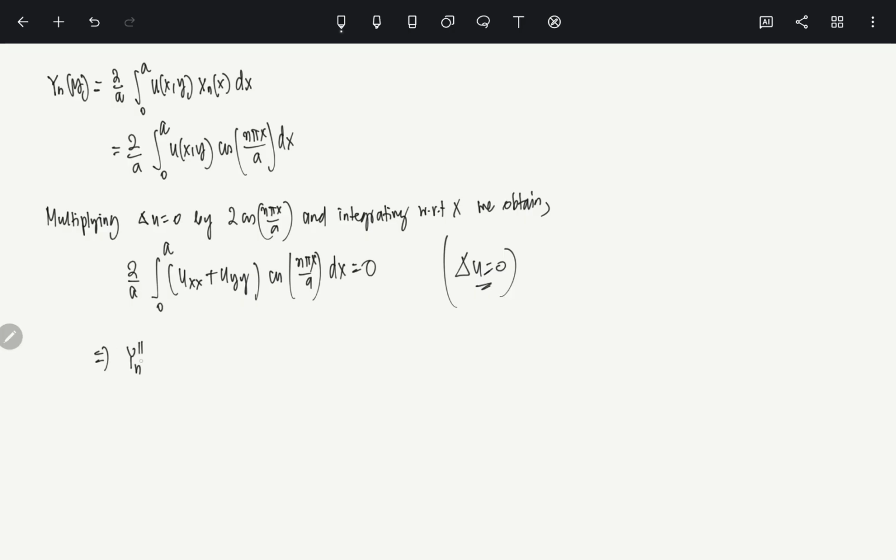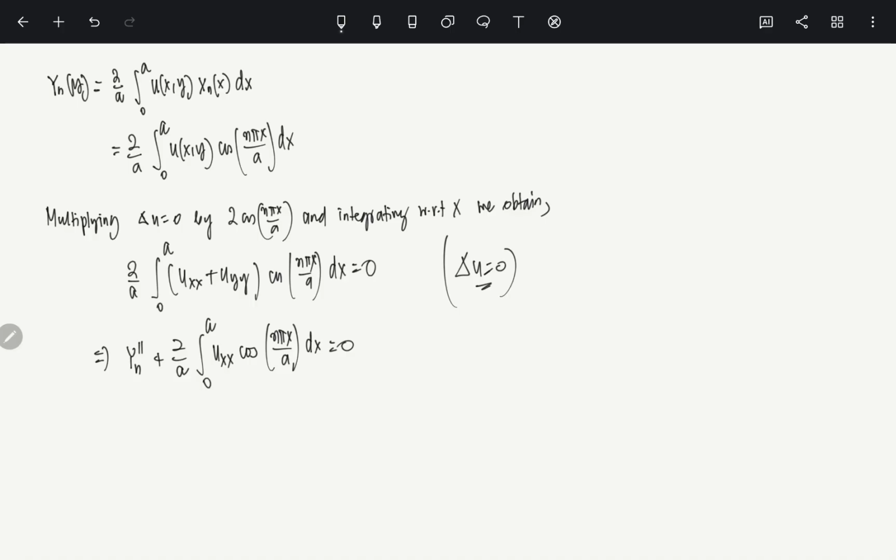So that will imply that essentially what is it? This is Yn double prime plus 2 by a, integral 0 to a, uxx cosine n pi x by a dx. This is 0. Is it okay?